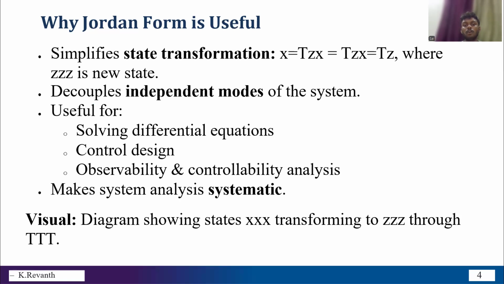Designing controllers like state feedback or pole placement becomes systematic since we know exactly how each eigenvalue affects the system. Analyzing controllability and observability becomes easier since the form exposes which parts of the system are independent or connected.